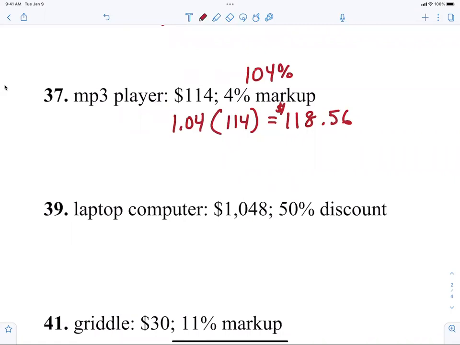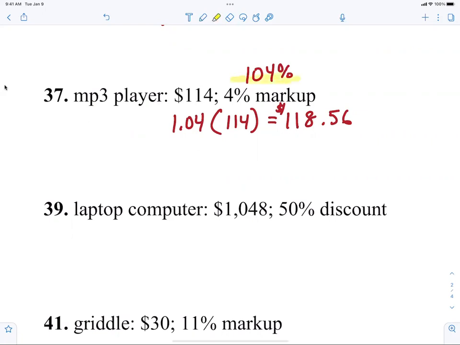Not really. Okay, so because it's a markup, I did 100 plus 4. That's exactly what you're supposed to be doing. So that's 104%, right? Yeah.